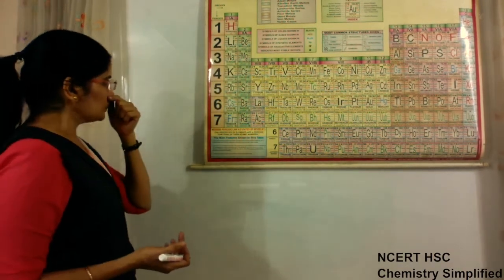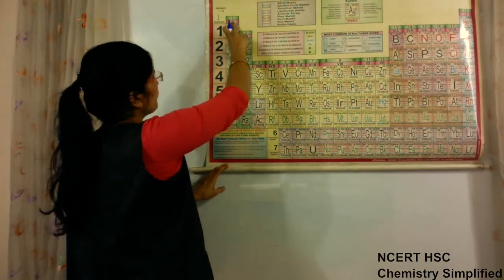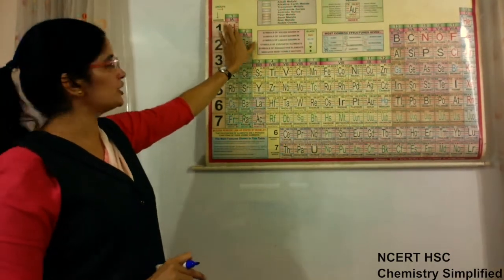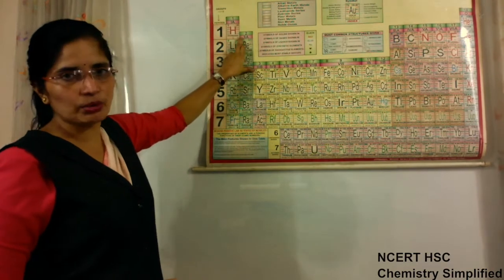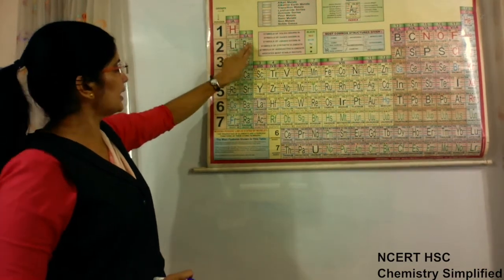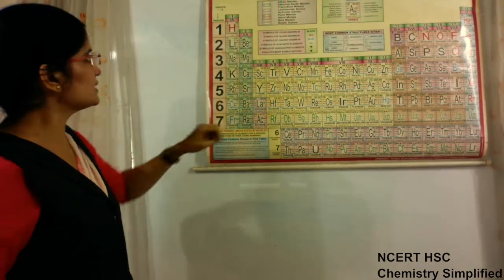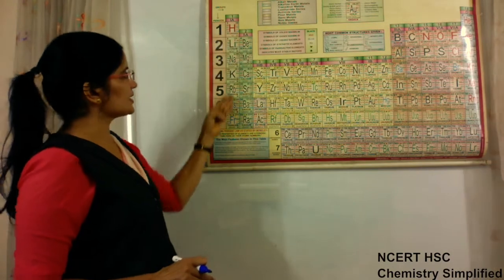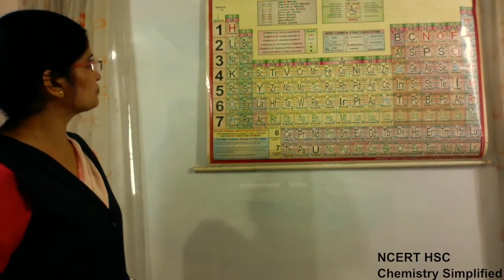Okay, now the elements present in group number 1 and 2, these two groups, are known as S block. 1 and 2 are S block elements. Why are they called S block elements? Because in these elements the last electron enters the S subshell.